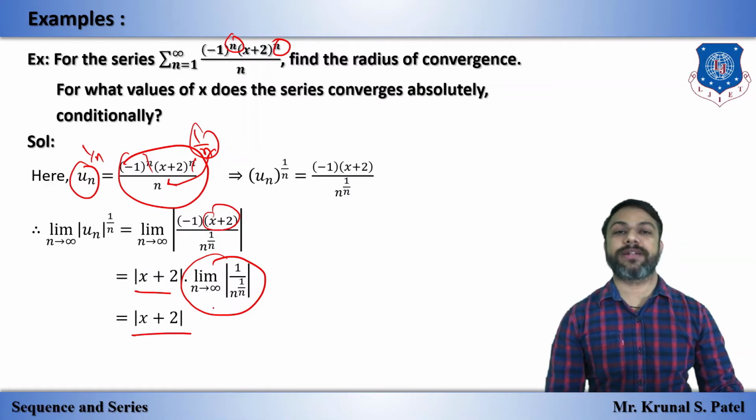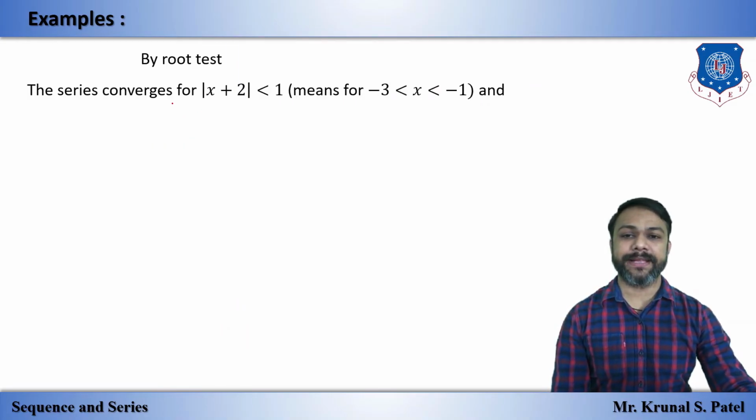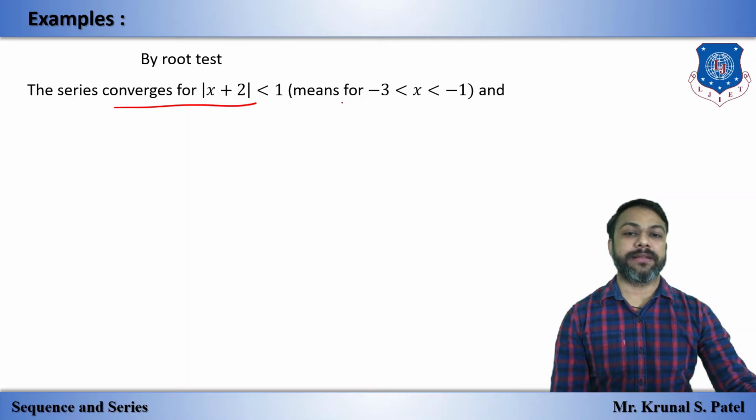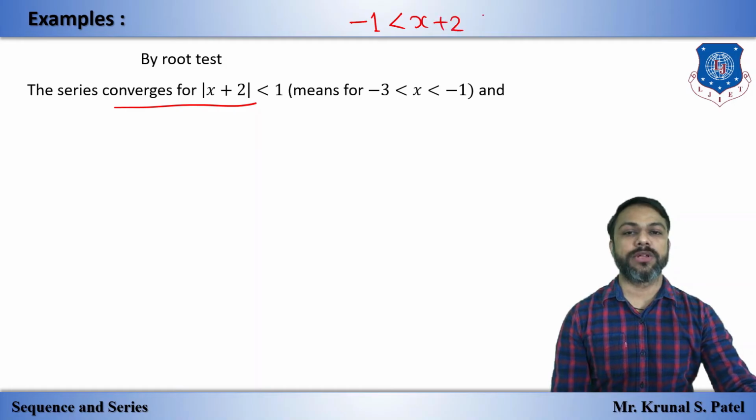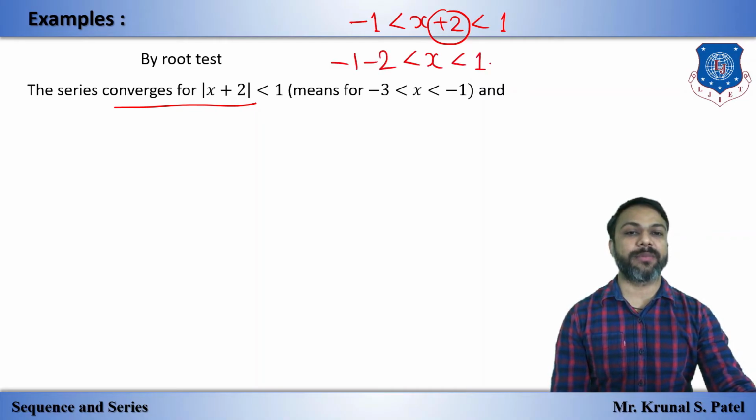By the root test, if mod x plus 2 is less than 1, then it is convergent, and its interval is this. How? We know that minus 1 is less than x plus 2 less than 1, by subtracting 2 from all three sides. So minus 1 minus 2 less than x less than 1 minus 2.